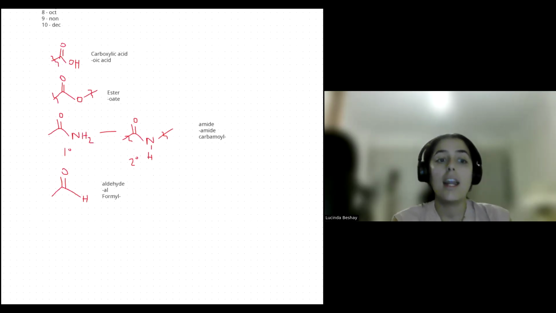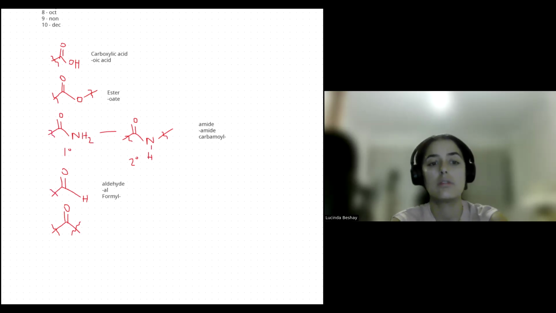Now, an aldehyde has a really nice cousin too. Its cousin is the ketone. The only difference between an aldehyde and a ketone is the same difference between an ester and a carboxylic acid. We just removed that hydrogen on the side. I forgot to put cuts here, guys, so I'm just going to put them so we stay consistent. So this is called a ketone.